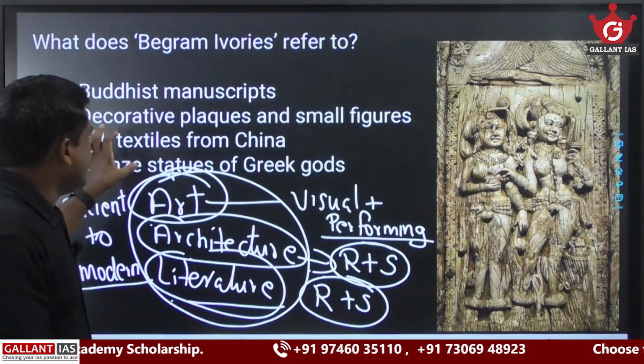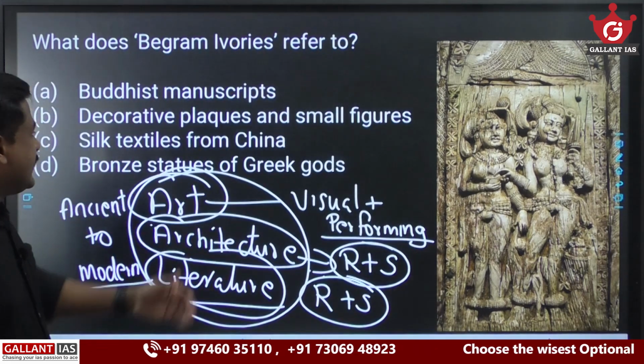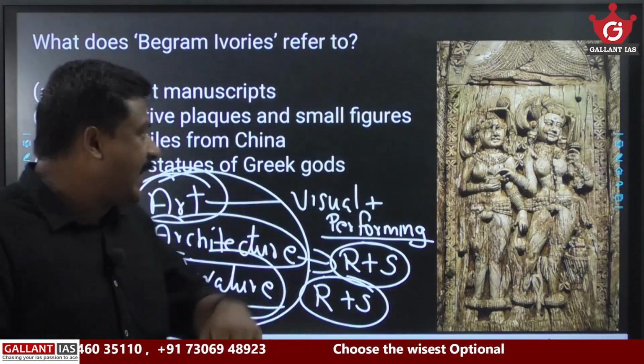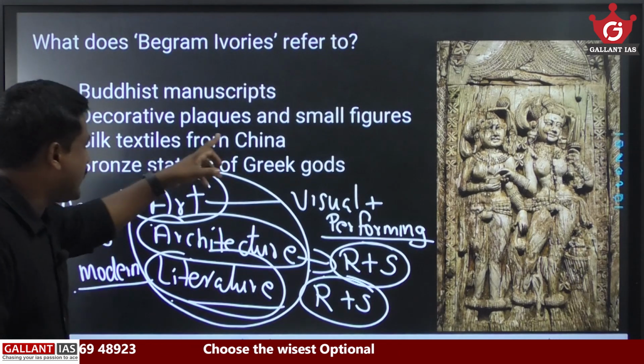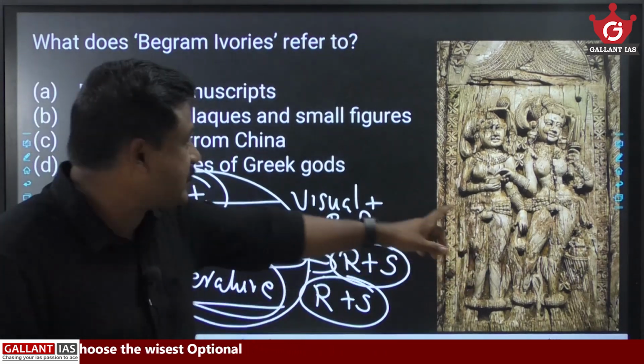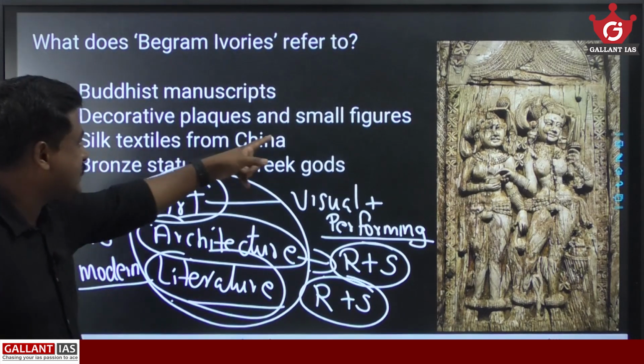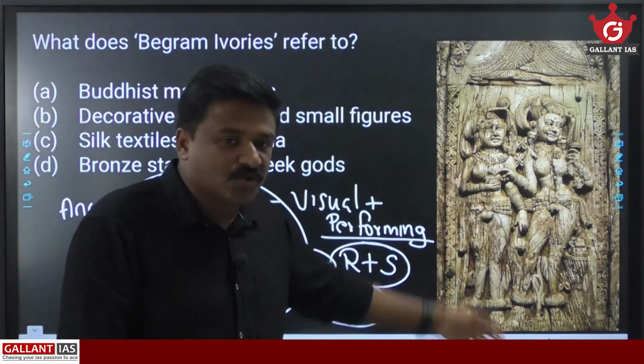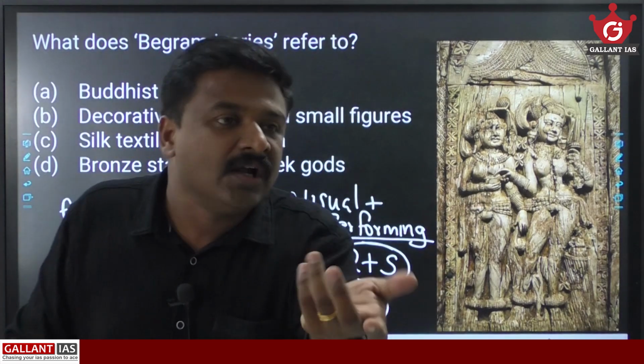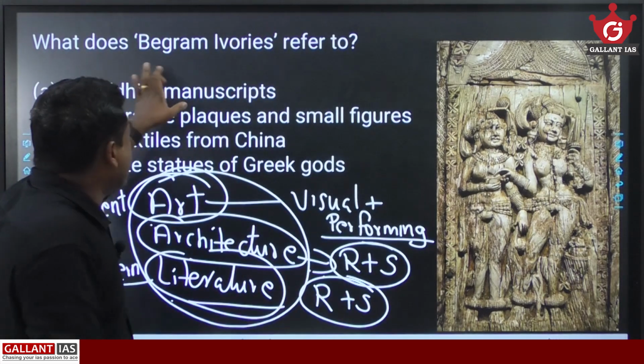So these are stolen arts that are returned to Afghanistan. And these are decorative plaques and small figures. What is that? Yes, Bagram ivories. They are decorative plaques and small figures, with hundreds of figures on this ivory plate. That is what is called Bagram ivories.